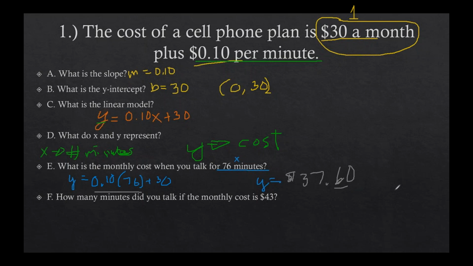All right. Next one. How many minutes did you talk if your monthly cost is $43? What does that $43 represent? Y. All right, so we plug it into our equation. 43 equals 10 cents times x plus 30. And now we have to solve for x. What's our next step in solving for x?